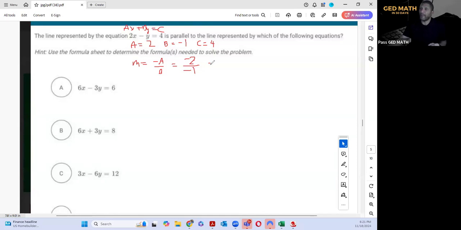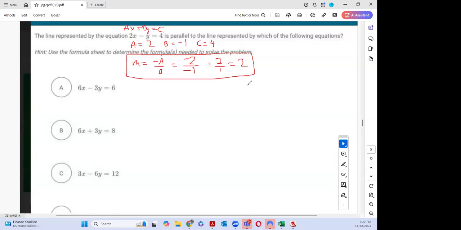Two negatives make a positive. 2 over 1 is the same as what whole number? 2. So that means the slope of this equation is 2. Does everybody understand that?